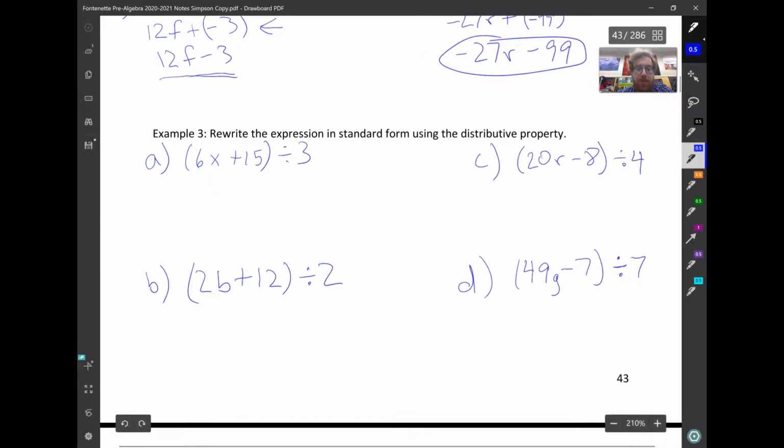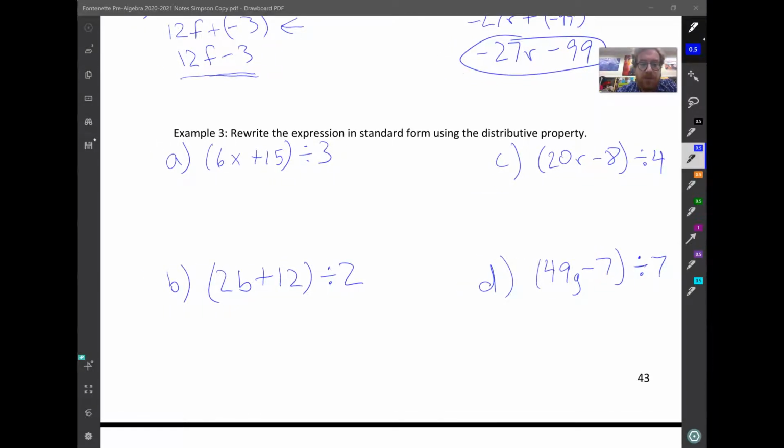All right, example 3 shows division, which is really the same thing as multiplying by a reciprocal. Remember when you learned how to divide fractions. So I can rewrite this expression as (6x plus 15), all that in parentheses, and if I divide this by 3, I can write that as dividing by 3 like a fraction bar.